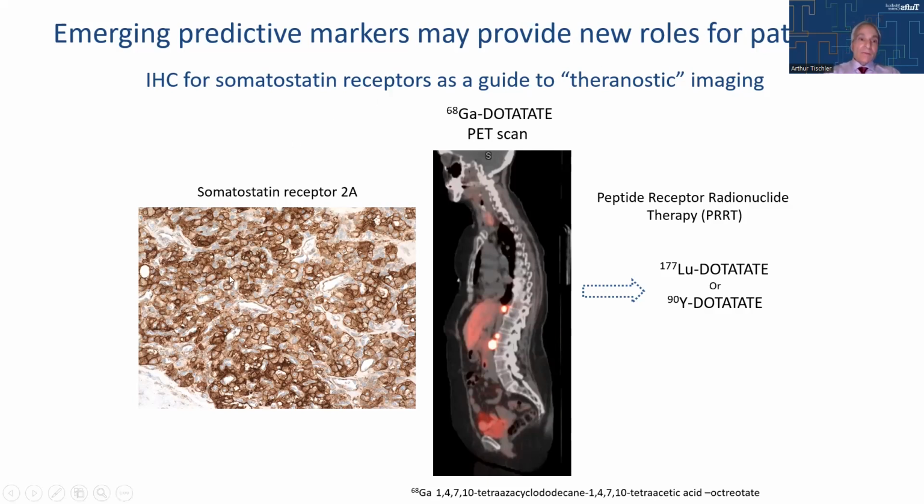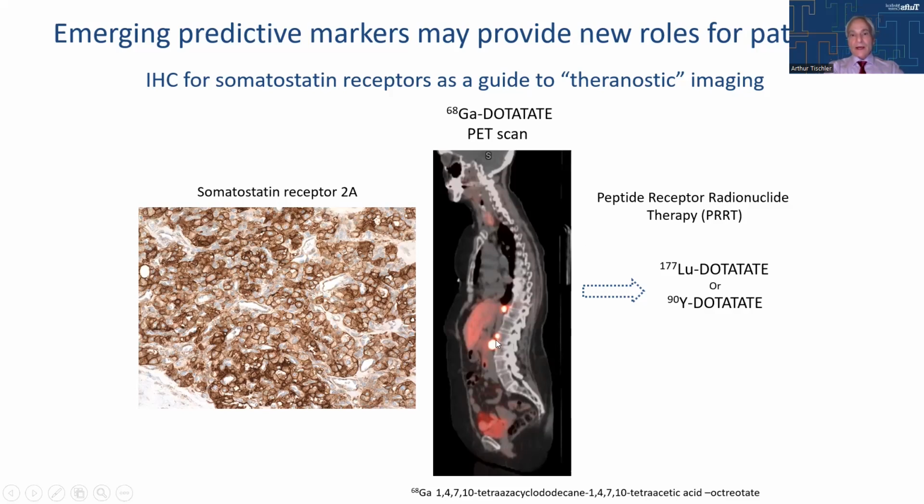So immunohistochemical staining for somatostatin receptor 2A, which is very commonly expressed, not always strongly expressed on the membranes of paragangliomas, is a good predictor of the ability to image with a gallium dotatate PET scan.